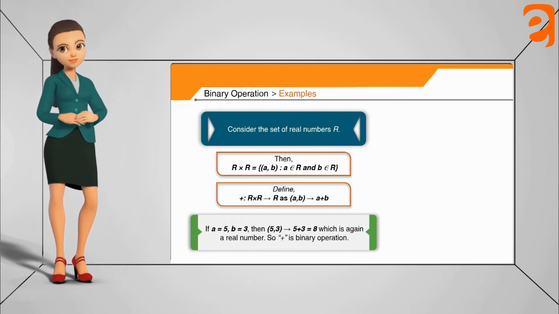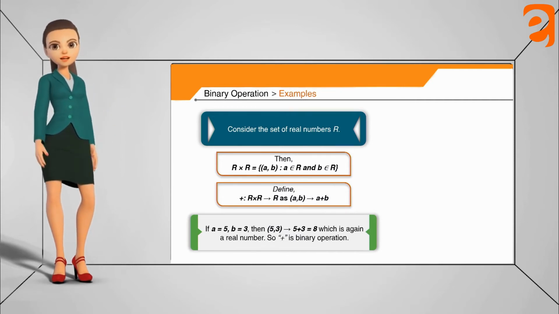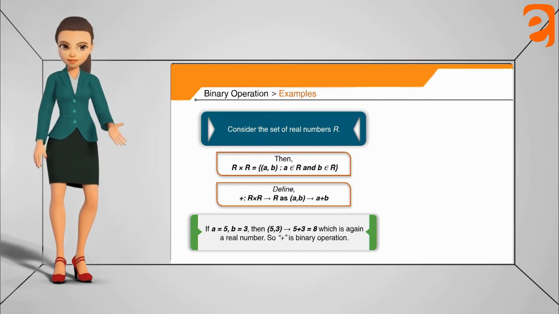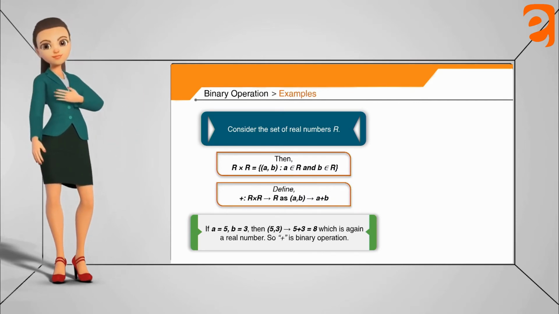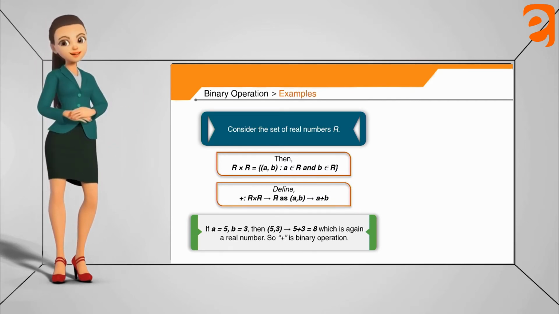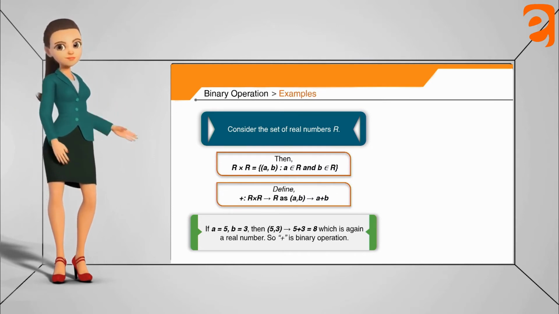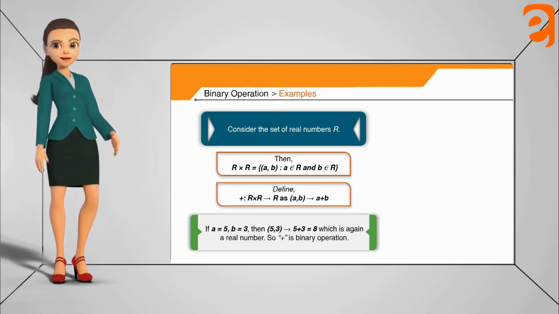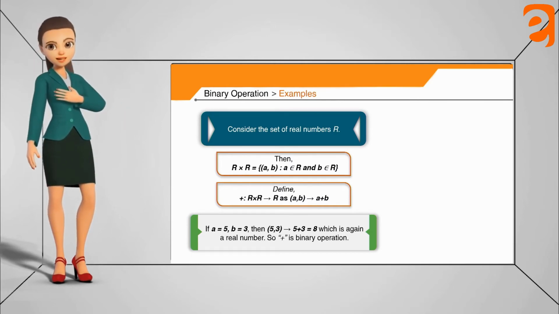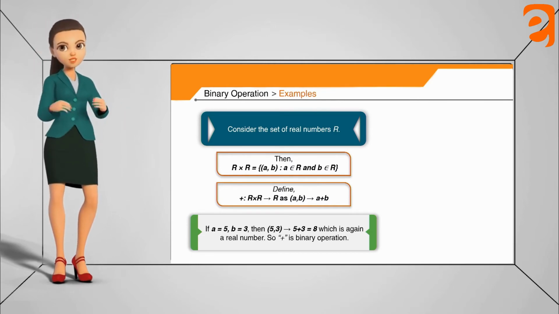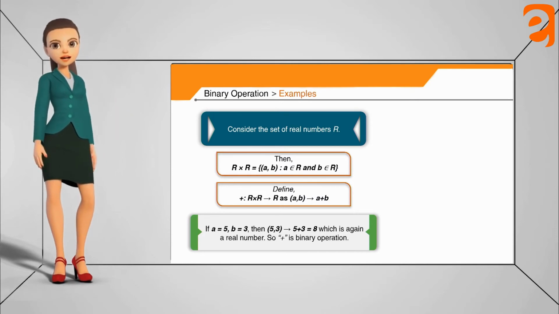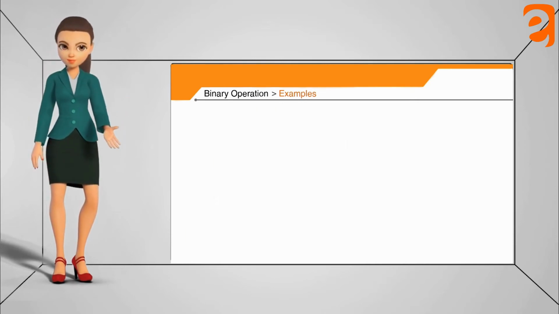Let us study it with some particular cases. Let a equal 5 and b equal 3. So the ordered pair (5, 3), as defined above, comes out to be 5 plus 3, which is 8, and 8 is a real number. This means that addition on the set of real numbers satisfies the condition, so it is a binary operation.